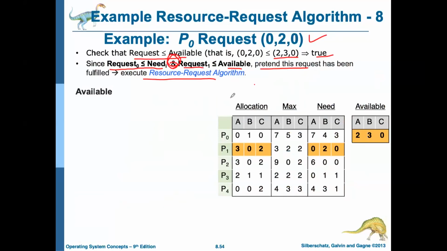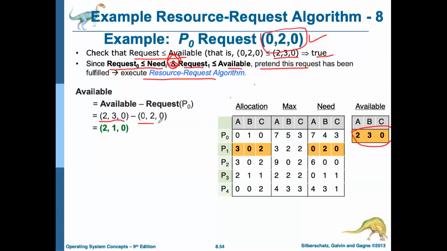Okay, available. So available now is this. The request is this from P0. Minus that, so you have this value 2, 1, 0 for each of the resources.